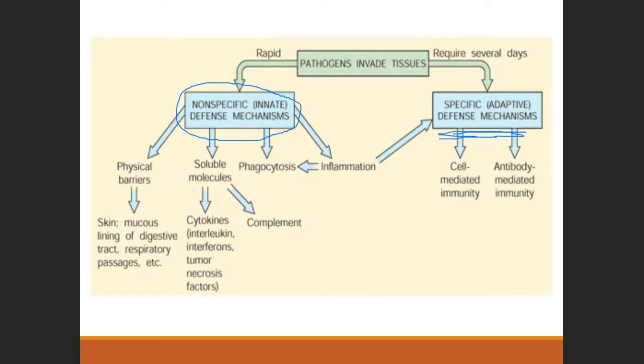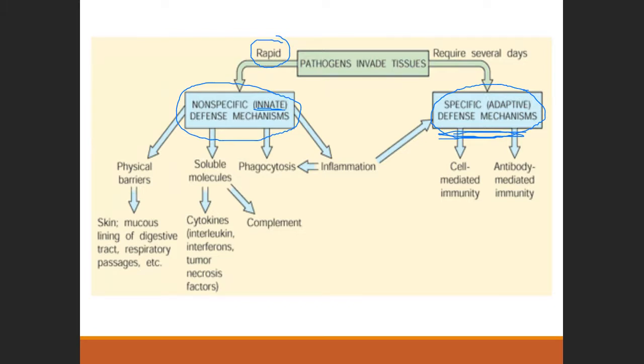Because we're dealing with a more complex mechanism, a recognition and then a subsequent response, that takes time. In a way, our innate immune system can buy us that time. It's rapid, it's ever present.